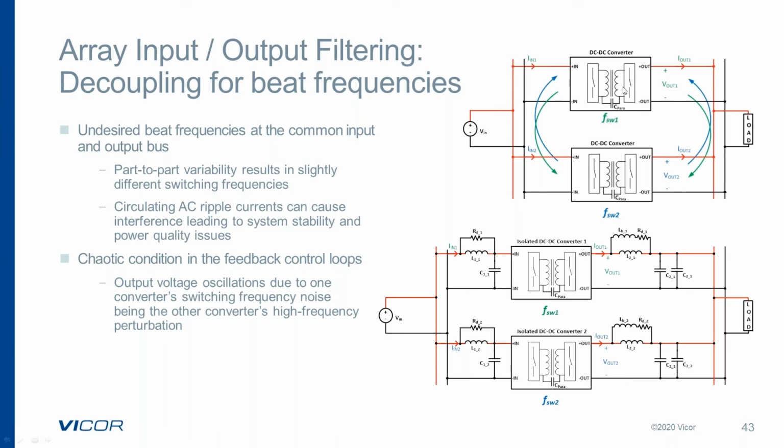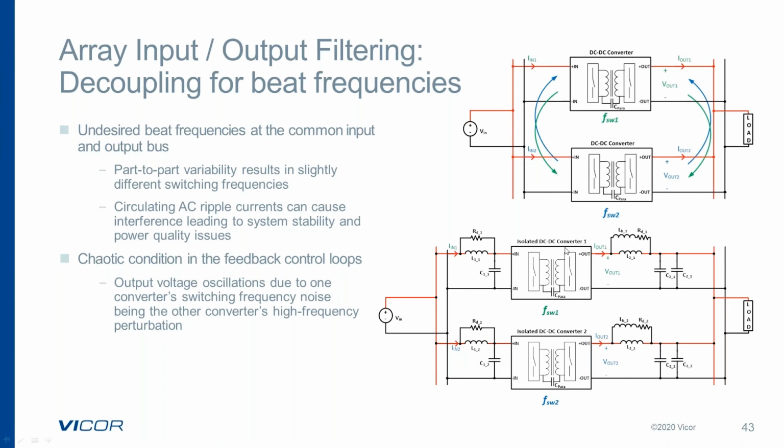That can cause currents to circulate between the two different converters, their inputs, as well as their outputs. And this circulating current will present itself as a beat frequency to the line and to the load. In some cases, this beat frequency can be difficult to filter and cause EMI failures.